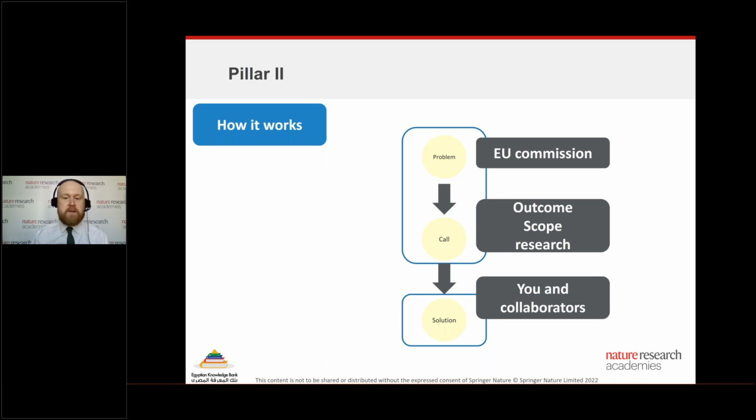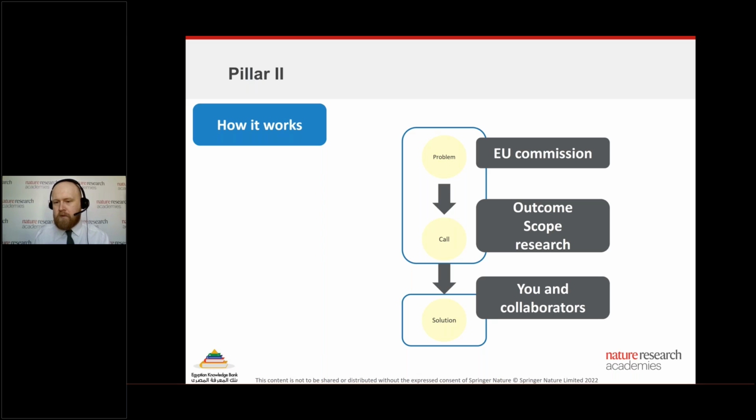A call will typically define an expected outcome, scope, and what areas of research will be covered. It is then the job of the applicant, or you, to explain in your proposal a solution to the problem.